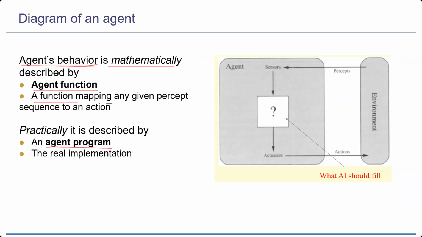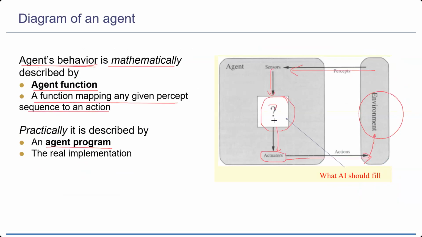The agent function is a function mapping any given percept sequence to an action. Let's say after we have the environment, something is percept into the sensor. The sensor will do something in this function and this program, and then it will do action on the actuators. So the actuators can do action into the environment.